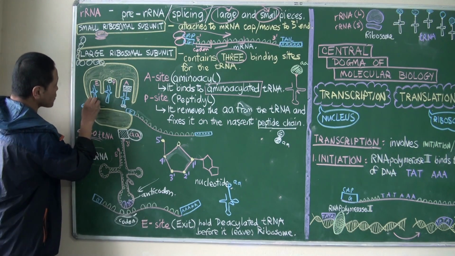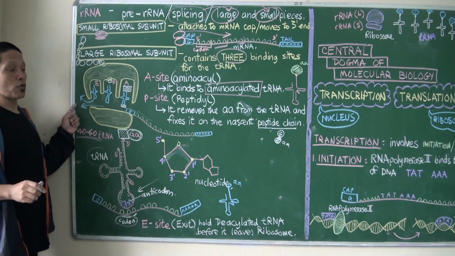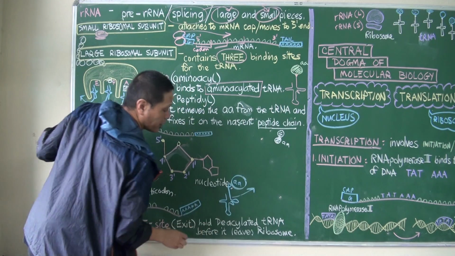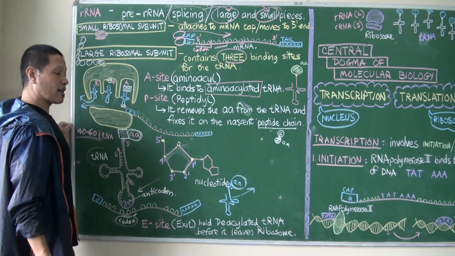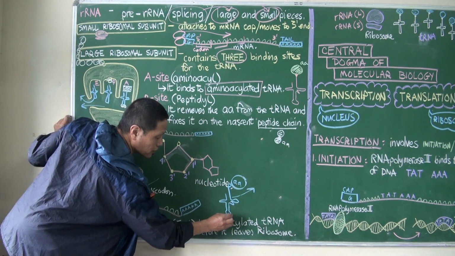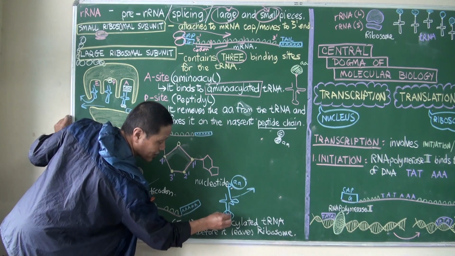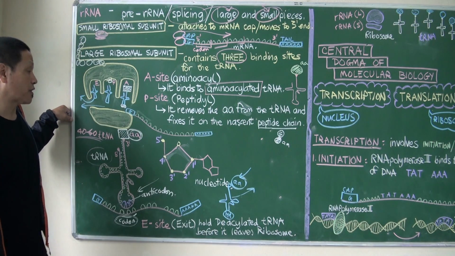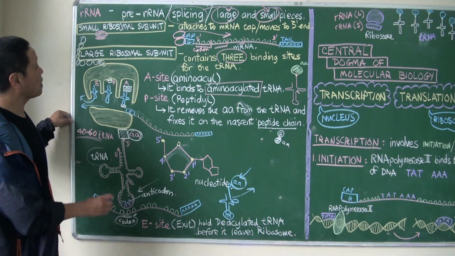So this comes out of the ribosome and it goes in search of its amino acid that needs to be fixed there. According to the anticodon or the codes that's written here, it needs to pull a new amino acid. So this is how it works.